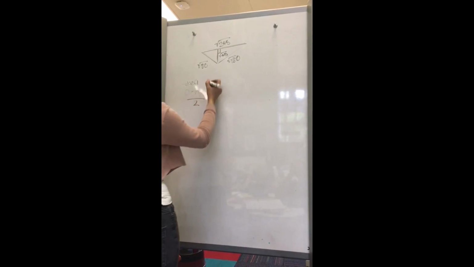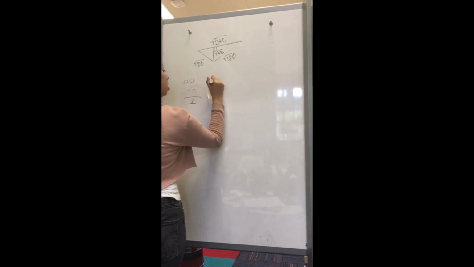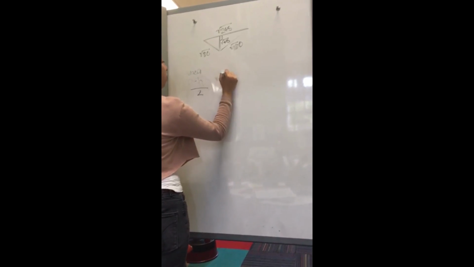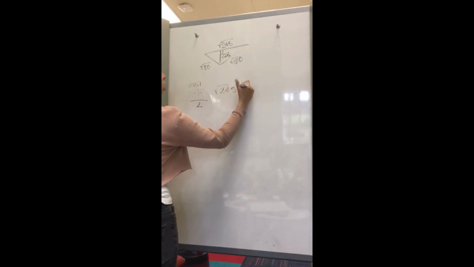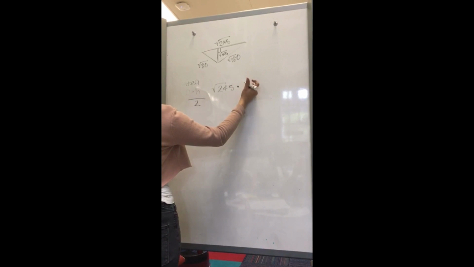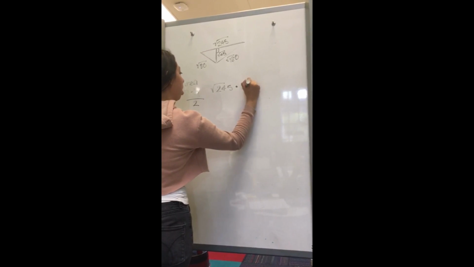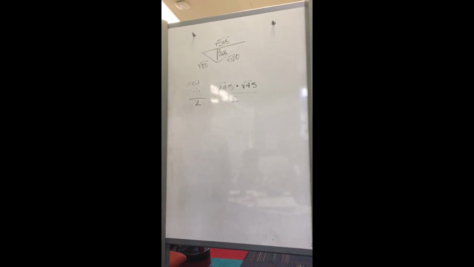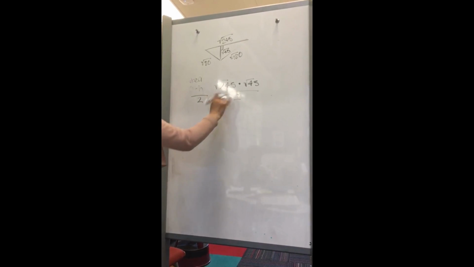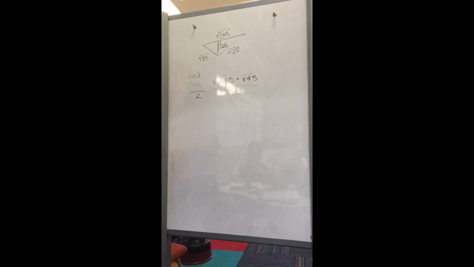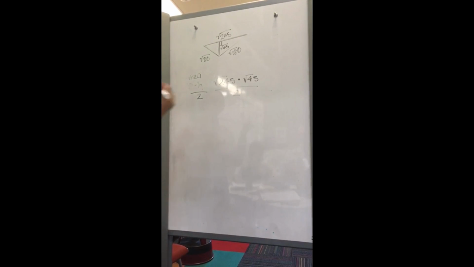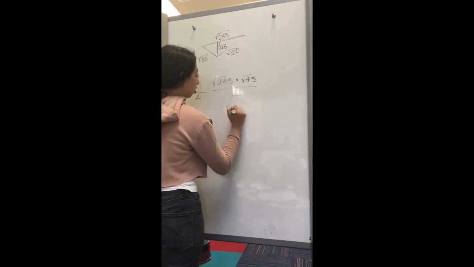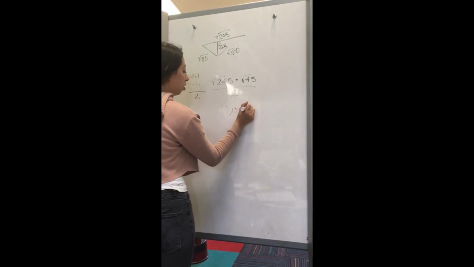So this is the square root of 245 times the square root of 45 over 2. So what we're gonna do is we're gonna multiply it, and that's 11,025.